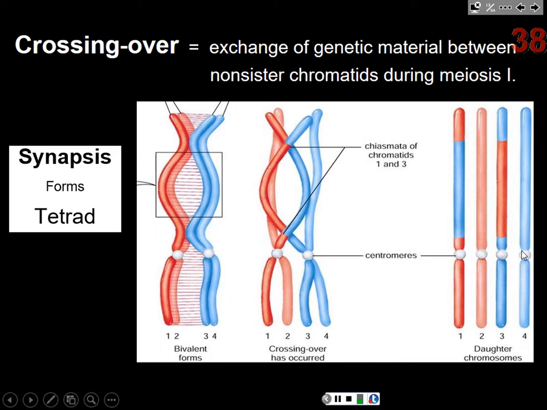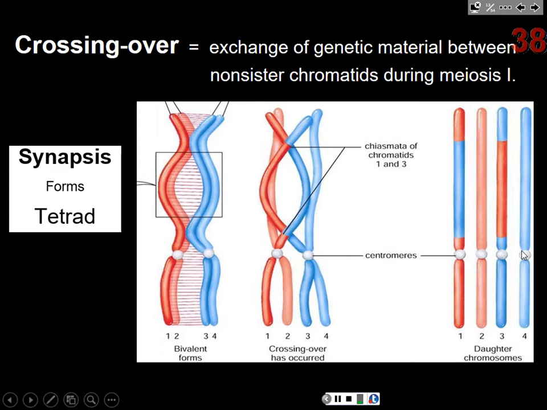So let's get this in your mind now, that this is your pair number 1, and now you're making gametes. This was the number 1 that your mom gave you, and this was the number 1 that your dad gave you. So I'm going to number these chromatids. Those are sister chromatids. Those are sister chromatids, right? That's 1 and 2, and that's 3 and 4.